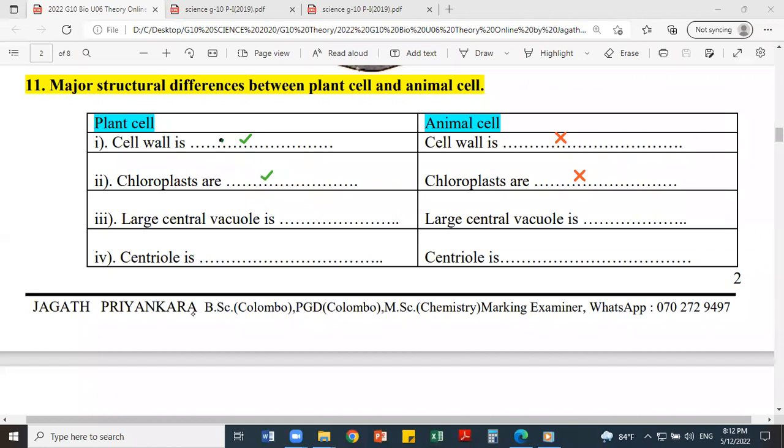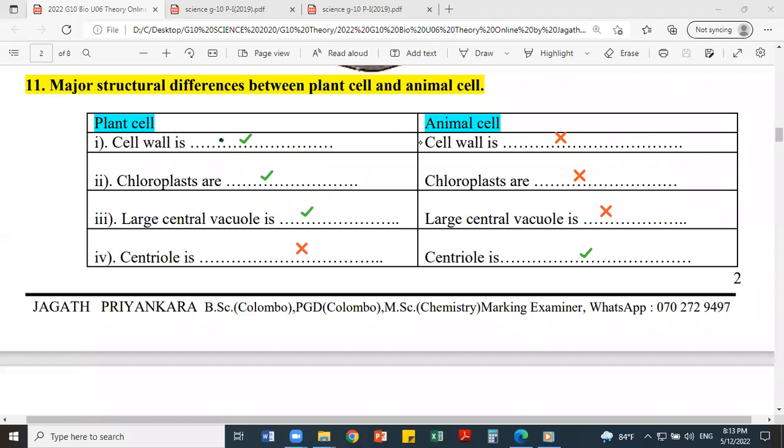Large central vacuole present in the plant cell, absent in the animal cell. Centriole, this is very important: centriole present in the animal cell but absent in the plant cell. These are the differences. So what are the differences? Cell wall, chloroplast, vacuole present in the plant cell, absent in the animal cell. Therefore, you should know how to compare the organelles present in these two.